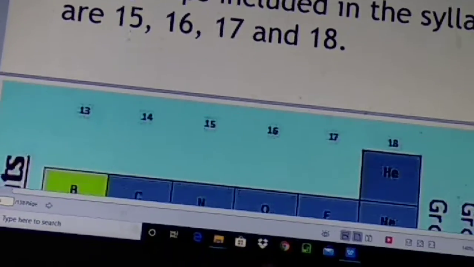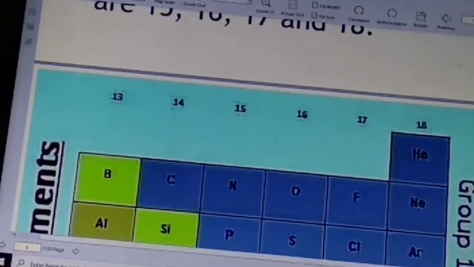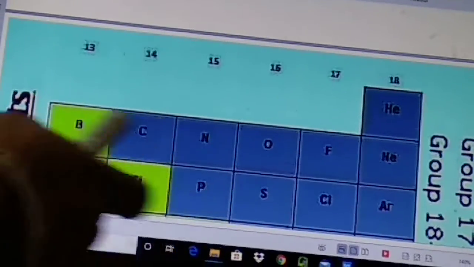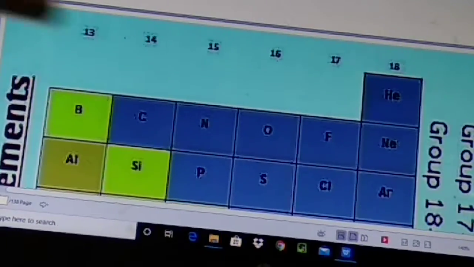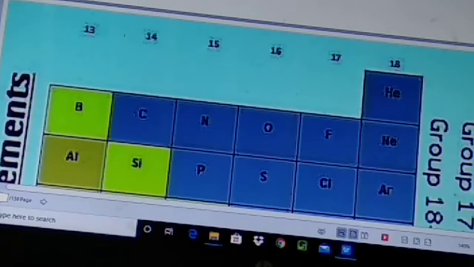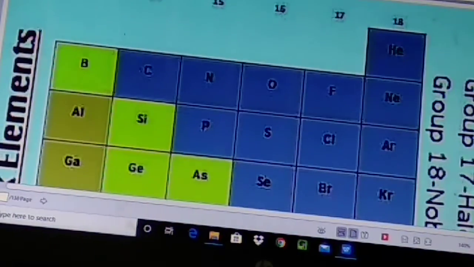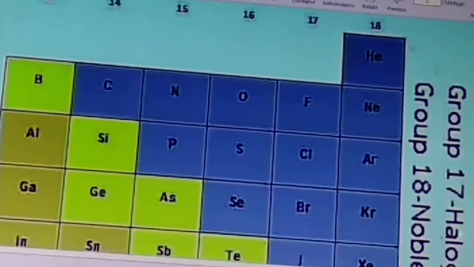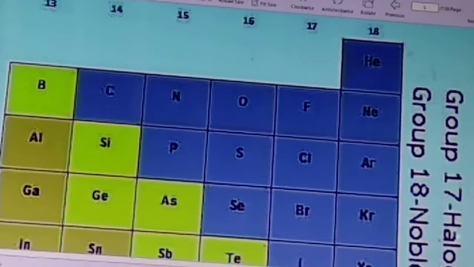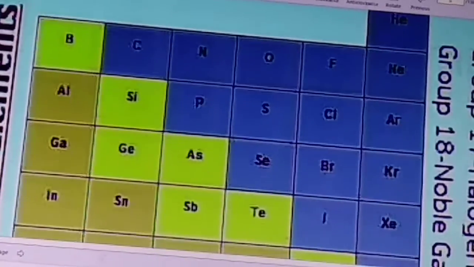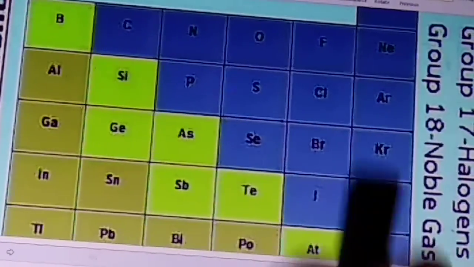Now children, group 13 boron family, group 14 carbon family, group 15 nitrogen family, group 16 oxygen family, group 17 fluorine family, and group 18 noble gas family members. So first of all, we should know the family members of groups 15 to 18. Nitrogen, phosphorus, arsenic, antimony and bismuth are included in group 15.